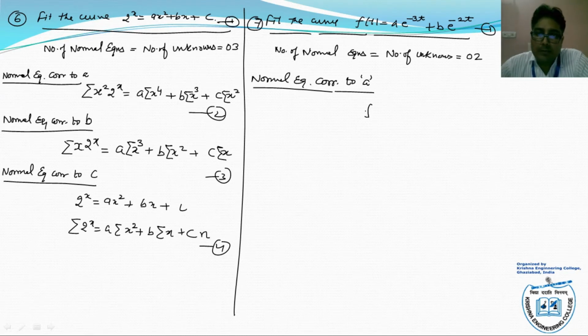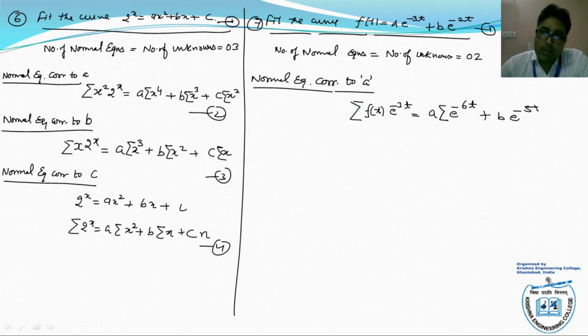So this becomes f(t) into e to the power minus 3t equals A e to the power minus 6t plus B e to the power minus 5t. After multiplying, take the summation. Take the constant outside from this. This is the normal equation corresponding to constant A. Clear?